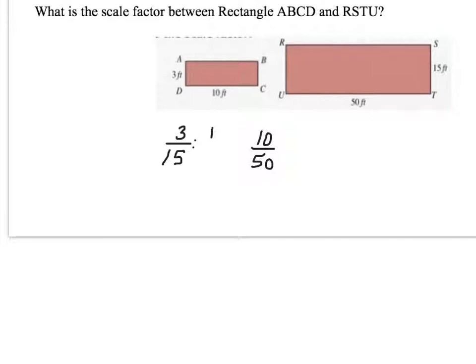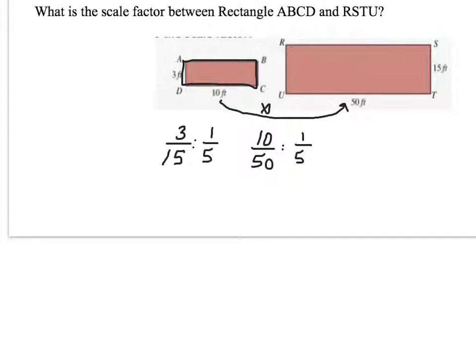Now I can simplify this down to 1 over 5, and I can simplify this down to 1 over 5. So my scale factor can be considered 1/5, meaning that the small rectangle is 1/5 of the size, or we can consider also that the scale factor is 5.